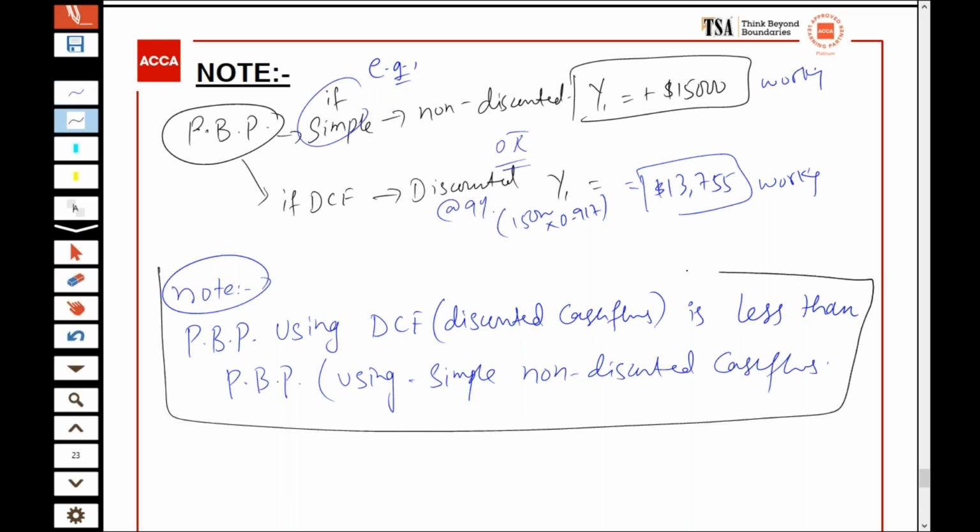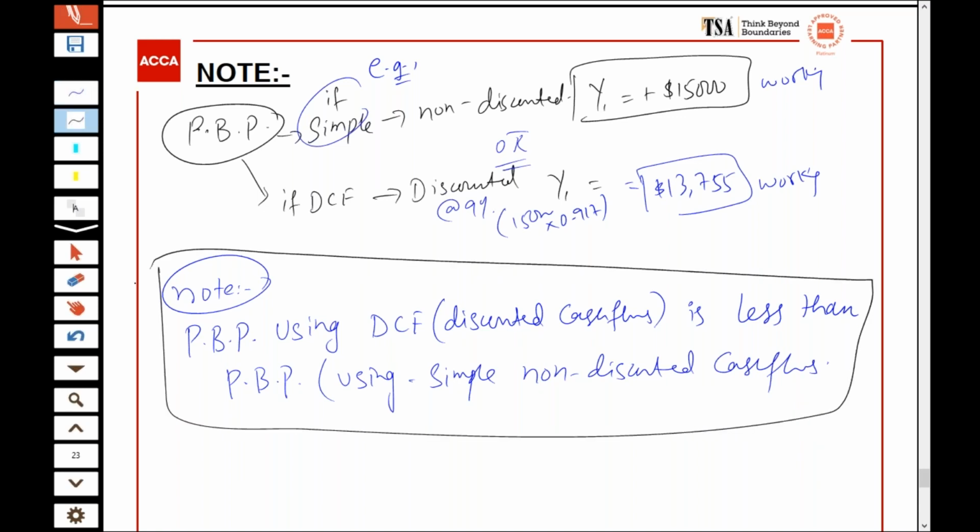It might be helpful in your examination. The payback period using the discounted cash flow is less. Sorry, it's more. Sorry, the payback period using the discounted cash flow is more. This is the less payback period and this is the more payback period.